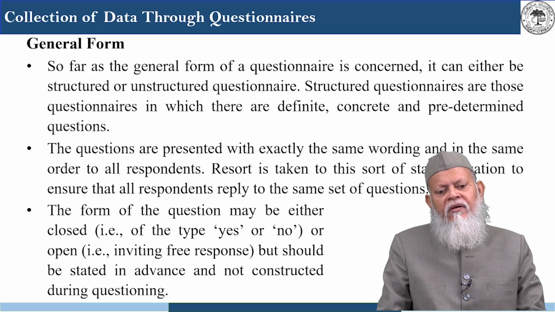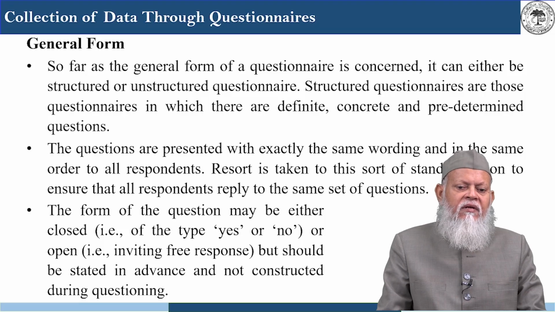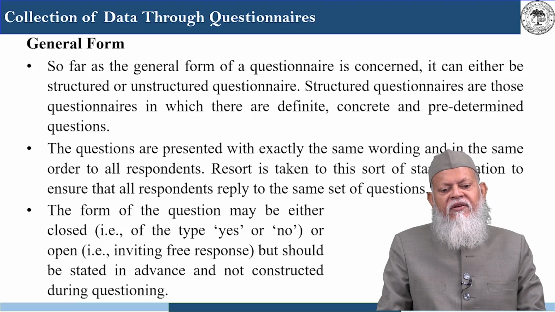So, here we find that the answers are closed for the respondents. He has only these two options, no other options. And he cannot give an answer to what he feels.